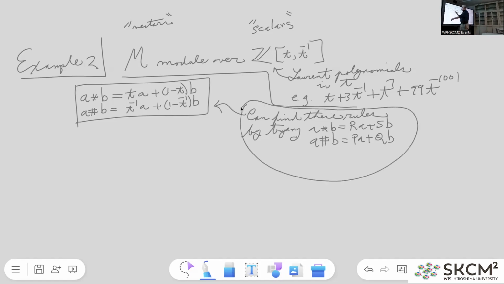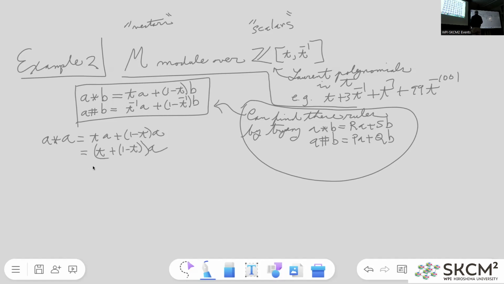But let's just see that this works. For example, A star A. A star A is TA plus 1 minus TA. And as I said, modules are just like multiplying a number times a vector. So you can multiply a number times a vector and another number times a vector, and that's equal to the sum of those two numbers multiplying the vector.